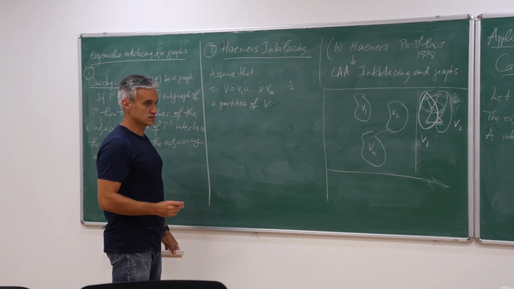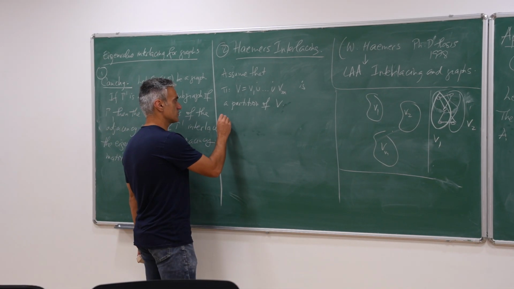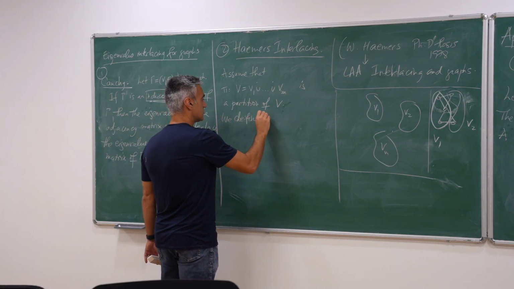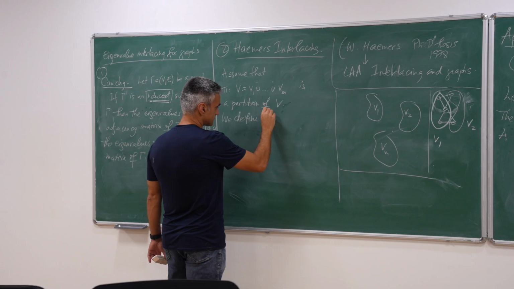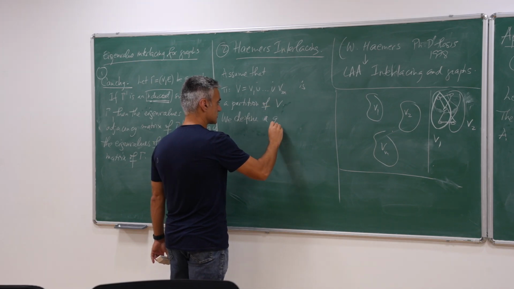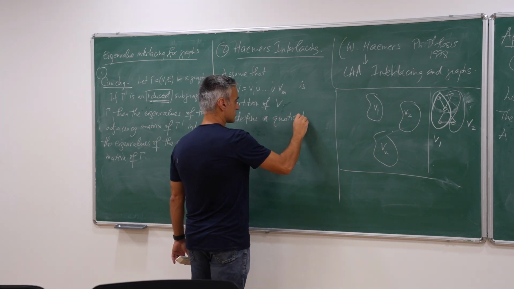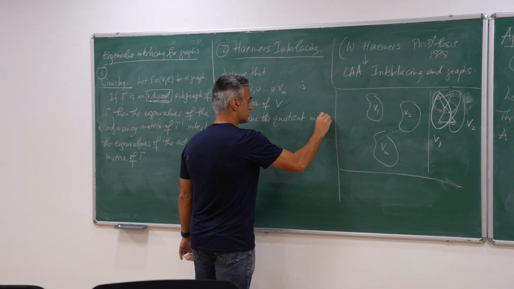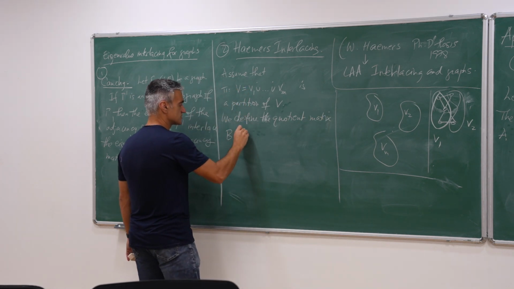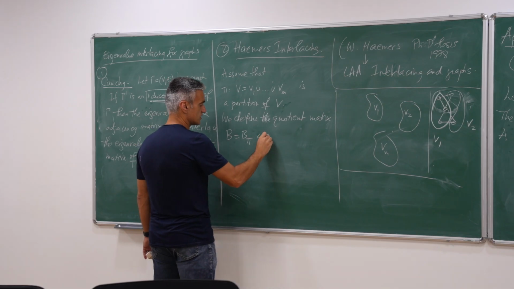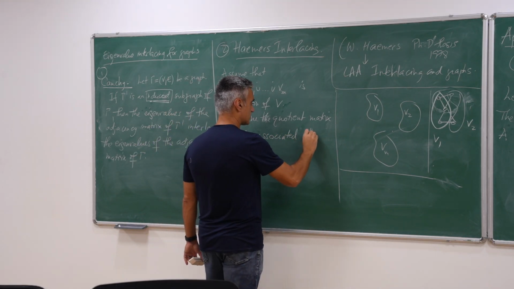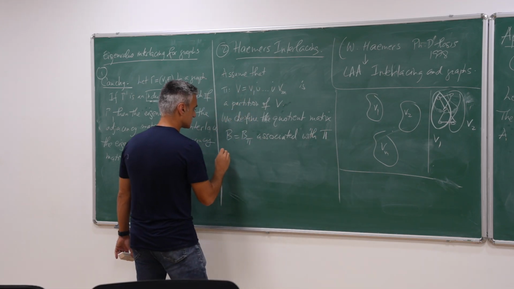So now, for any partition, we define the quotient matrix. Let me call it B, which is B of pi, associated with pi, as follows.